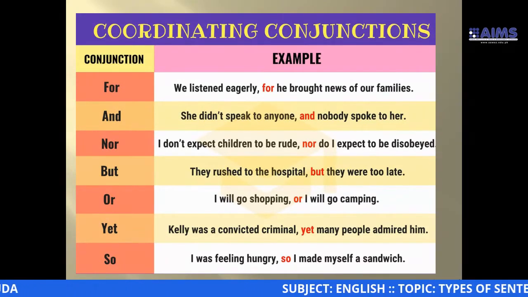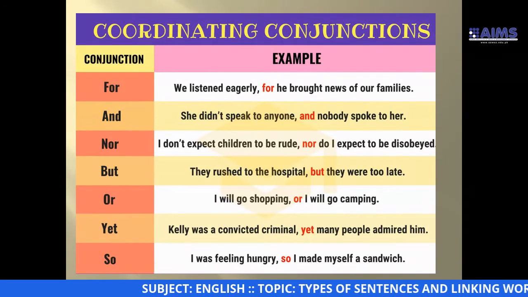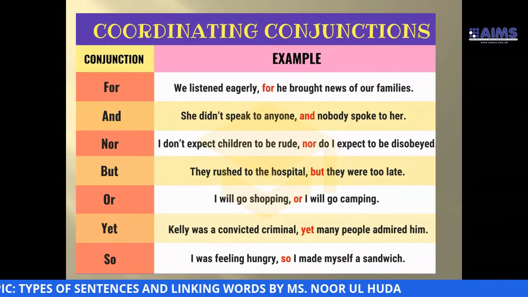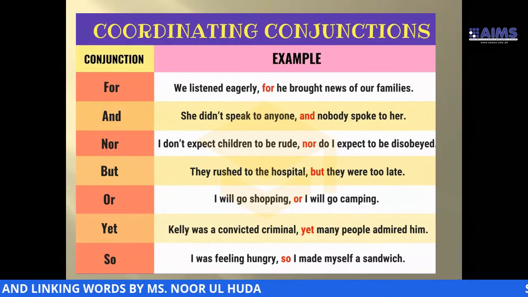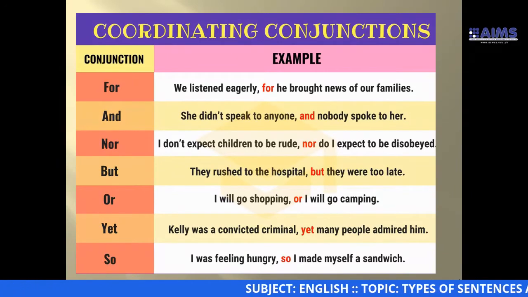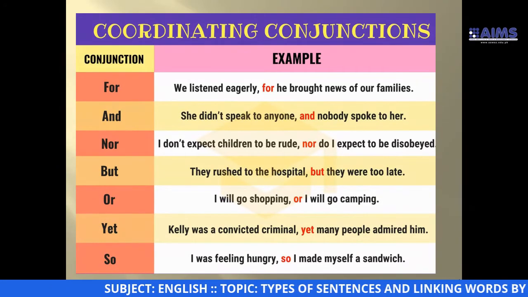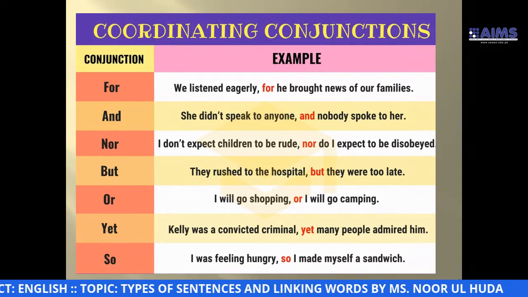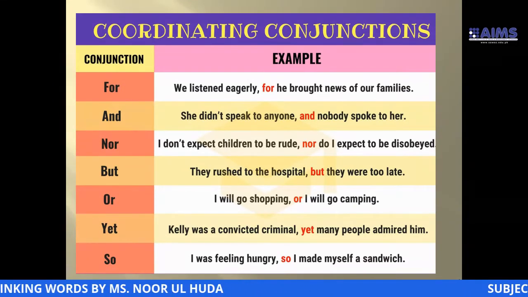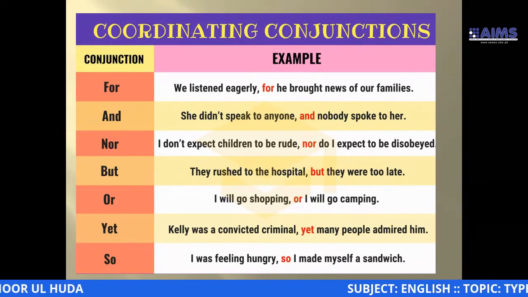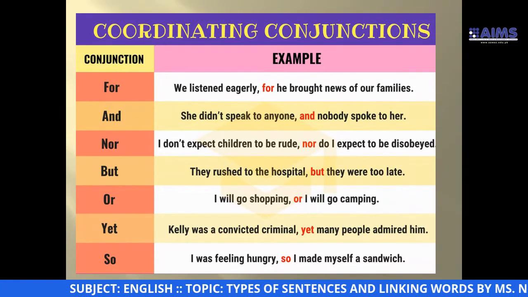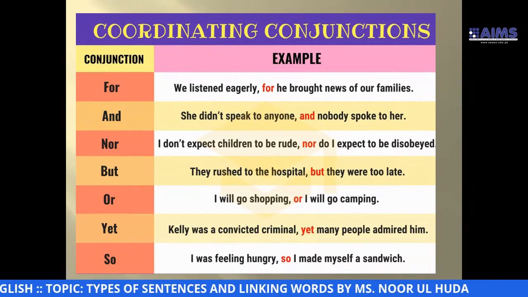All right, so when we talk about "for," we can use it to combine two independent clauses. We listen eagerly, for he brought news of our families. "He brought news of our families" is an independent clause. "We listen eagerly" is also an independent clause, but we want to merge both, so we can use different kinds of coordinating conjunctions, and here we have used "for."